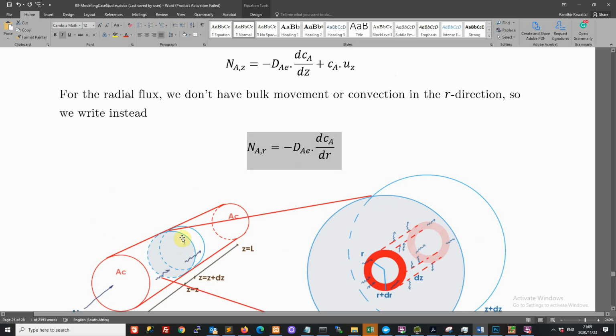Component A is diffusing against some solute or something like that. So it's the same diffusivity, and it's the same variable, concentration, but the dimension is different. Instead of considering changes in Z, we are considering changes in R. So it's this exact same form of equation that we are used to for estimating the diffusion flux.